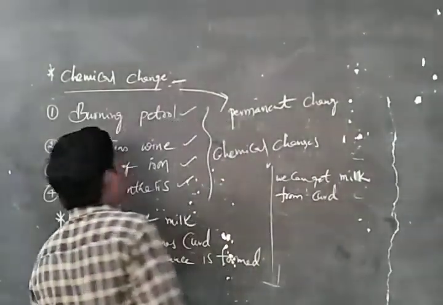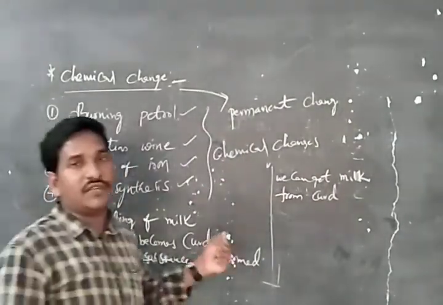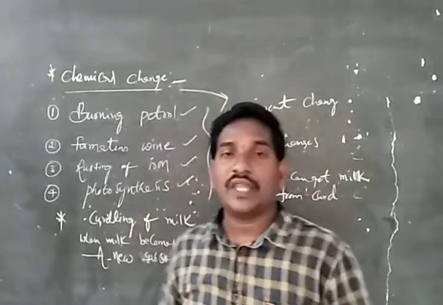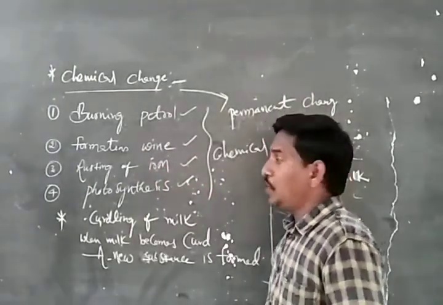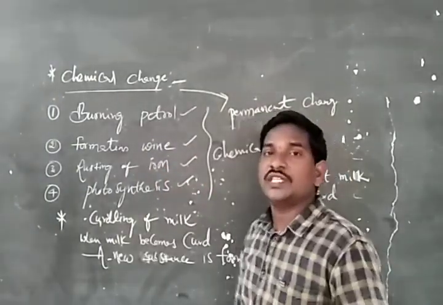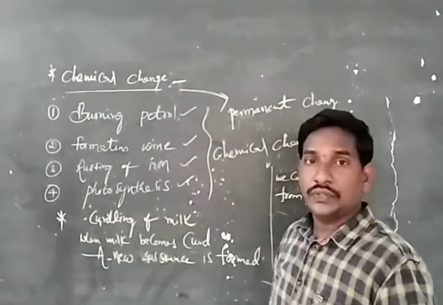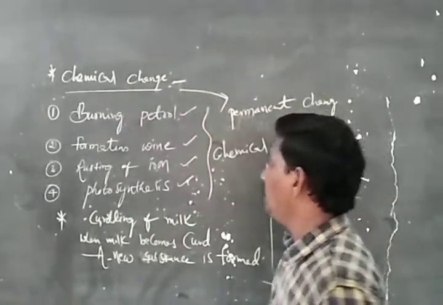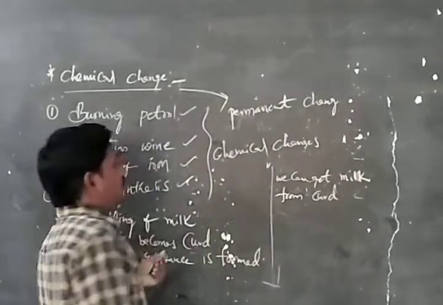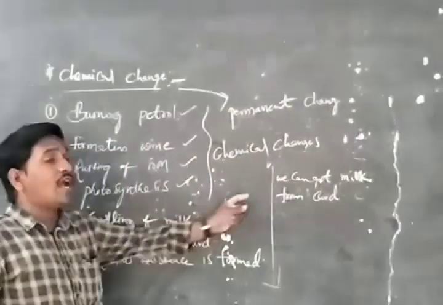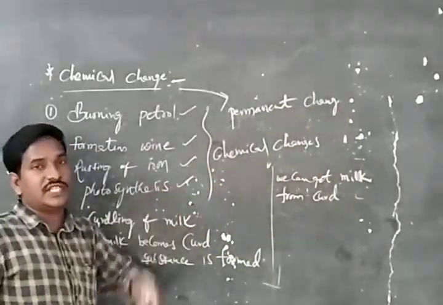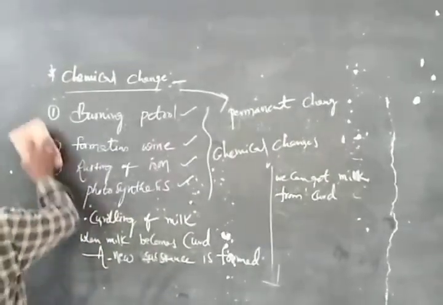So how can you define chemical change? A change in which a new substance is formed, and which cannot be reversed by reversing the conditions, is called a chemical change.